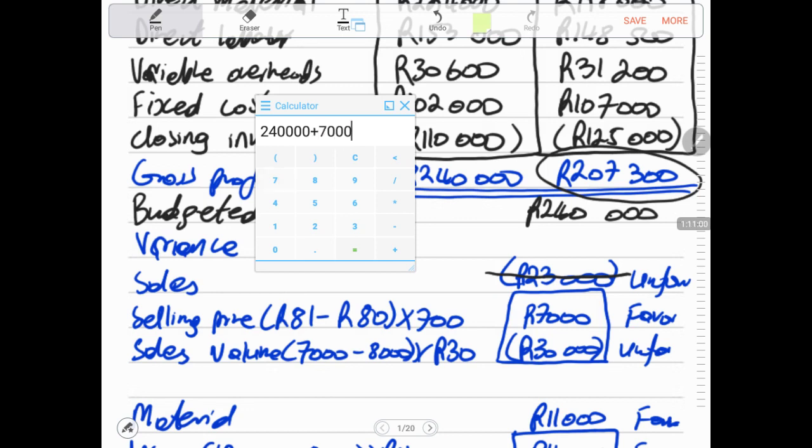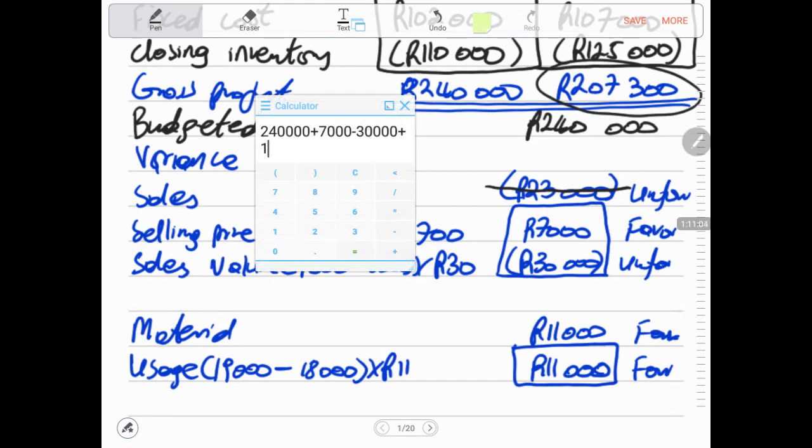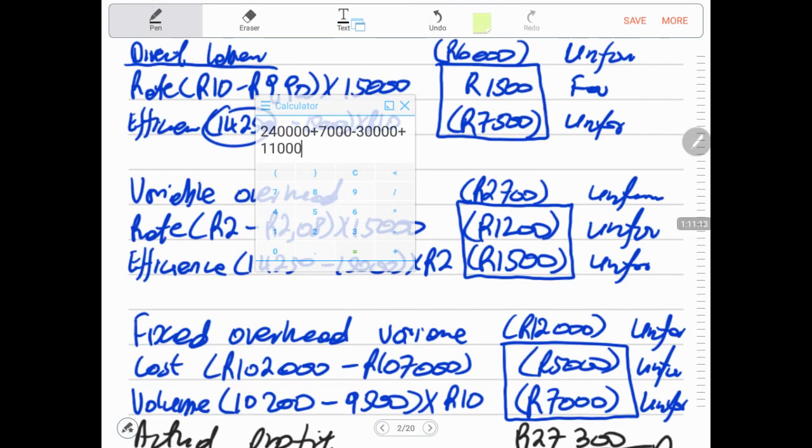You deal with them individually, minus 30,000 plus 11,000. Then you still get the same, plus 1.5 minus 7,500 minus 1,200.